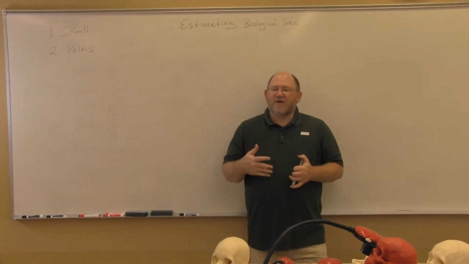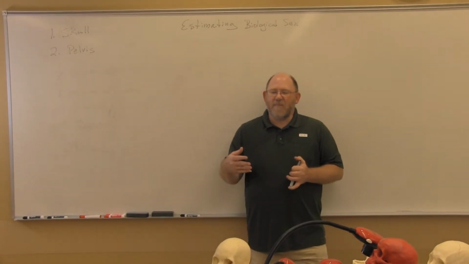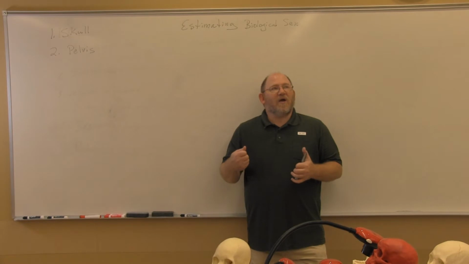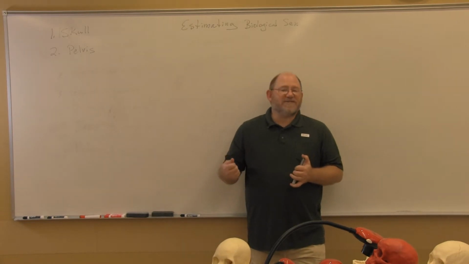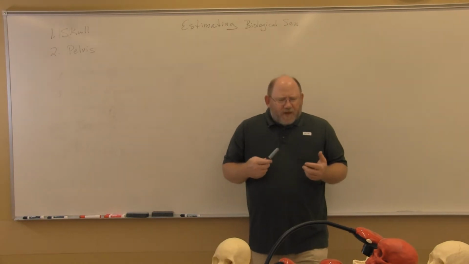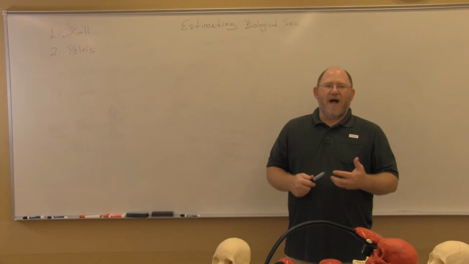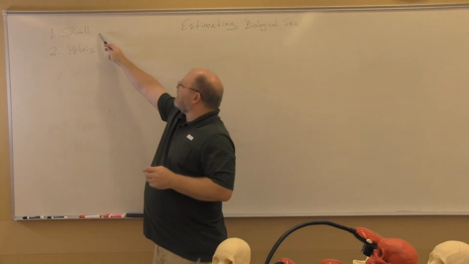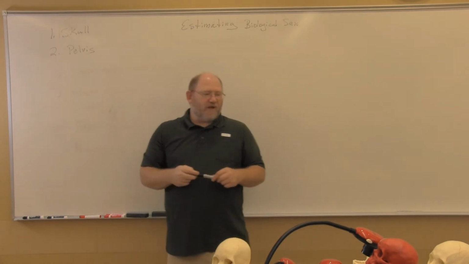The sex characteristics that make it possible to identify an individual from their skeleton are associated with changes that occur during and after puberty. So the two main parts of the body should seem logical. They are the skull and the pelvis.